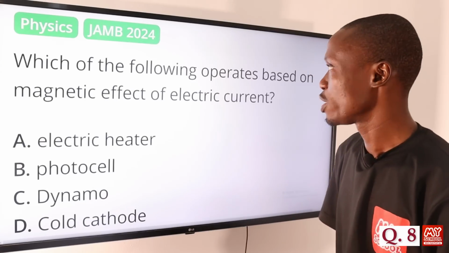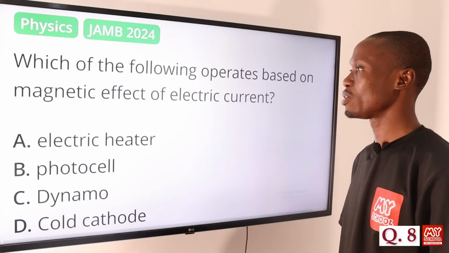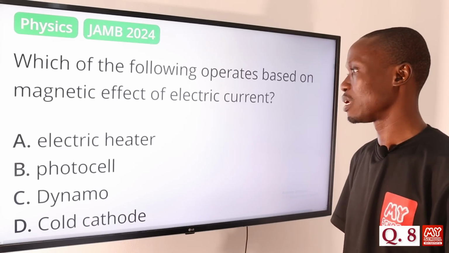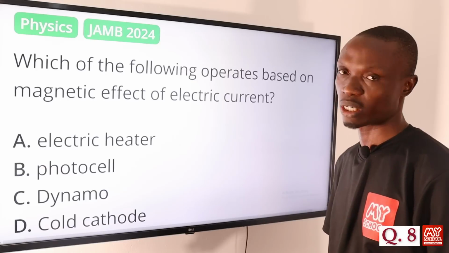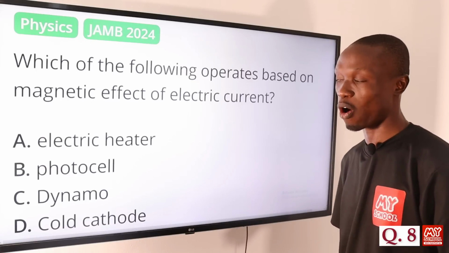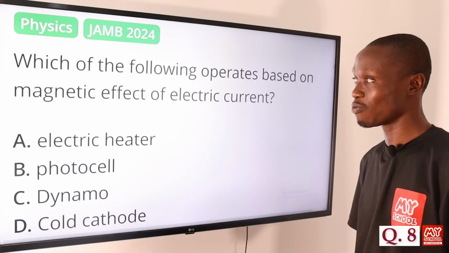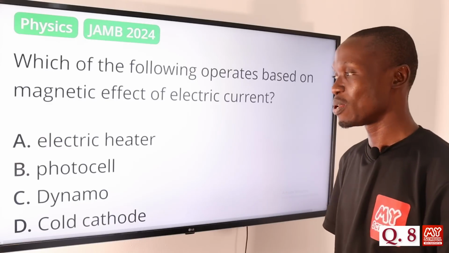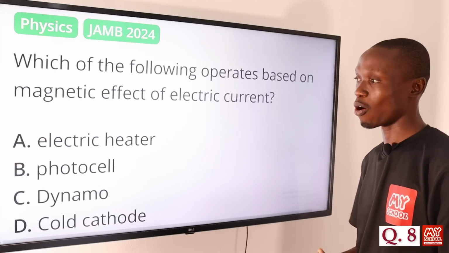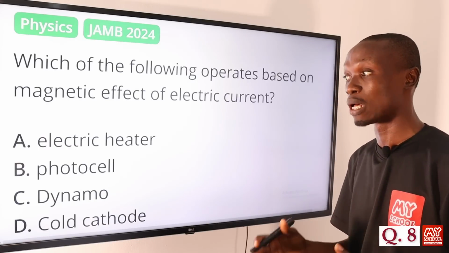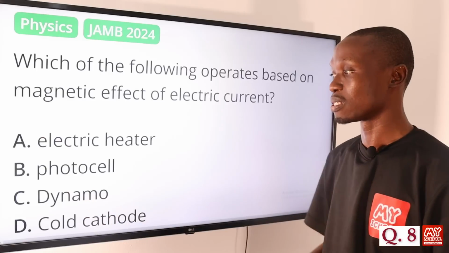Question 8. Which of the following operates based on the magnetic effect of electric current? A, we have electric heater. The electric heater operates based on the heating effect of electric current. While B, photocell, operates based on the photoelectric effect. While C, dynamo.